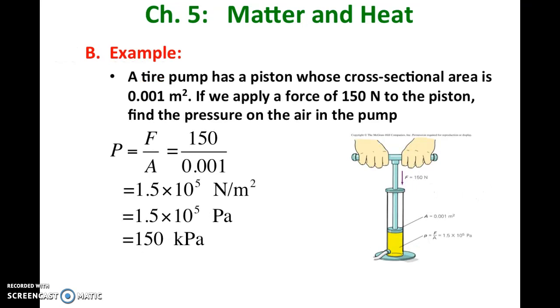For example, find the pressure on the air in the pump, whose piston has a cross-section area of 0.001 square meter. That's the area.